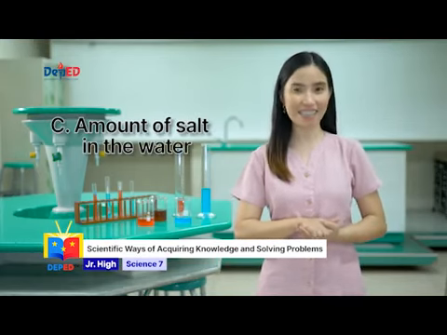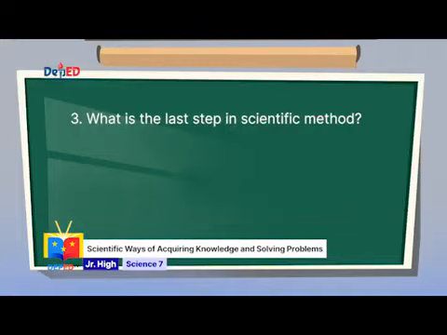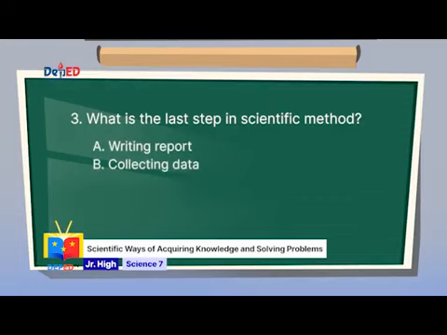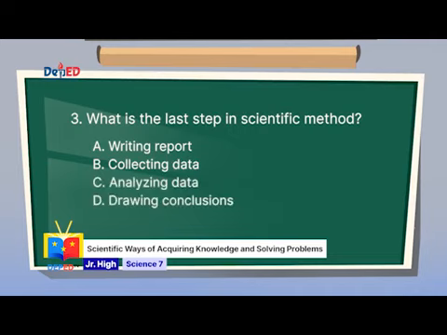That is letter C. Number 3. What is the last step in the scientific method? A. Writing report. B. Collecting data. C. Analyzing data. D. Drawing conclusion.